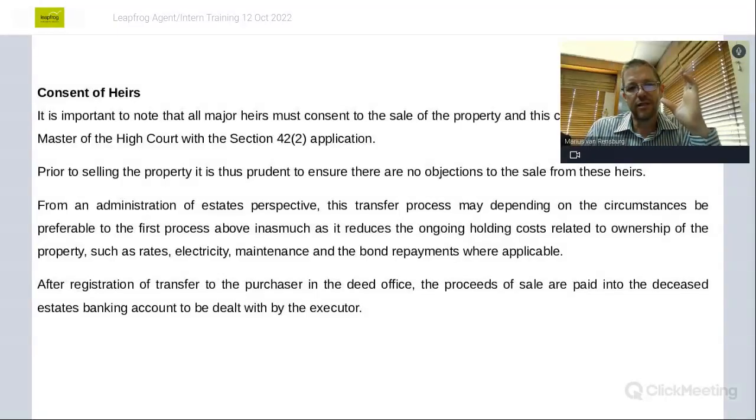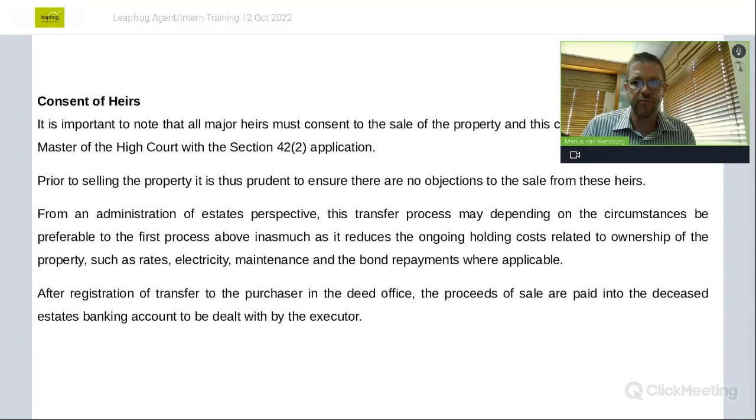So this middle paragraph here, again, I'm just emphasizing this point that if you have an estate that transfers from 0 to 24 months and you're going to sell the property anyway, circumstances are going to dictate that it's probably better to sell the property earlier in the process so you can avoid the rates and taxes and maintenance. But you guys need to ascertain, where are we in this process?